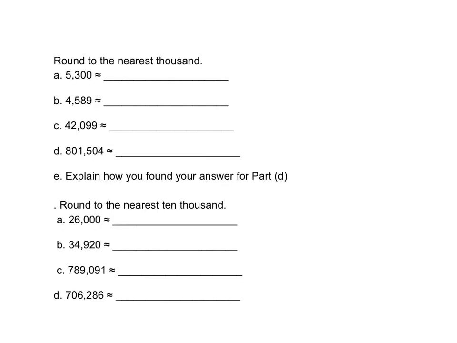If on the homework you were asked to round to the nearest 10,000, students could easily draw the vertical number line just like you saw on the last page. They want to find the number that you have in your problem. For instance, let's look at these where we're rounding to the nearest 10,000.